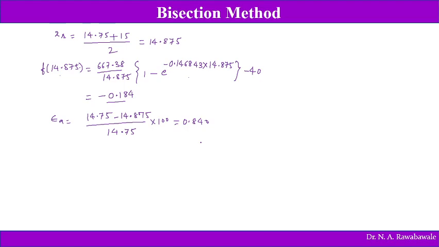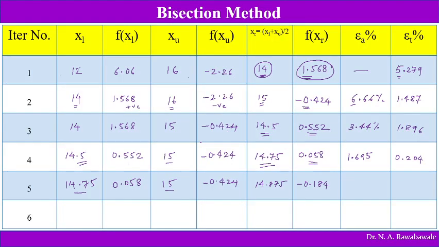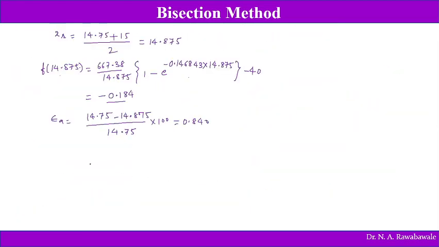Okay. So approximate error here is 0.840. Now true error, so this is new approximation and true value is already known to us. True error is equal to 14.7802, this is true value, minus the refined value 14.875, divided by 14.7802 into 100.